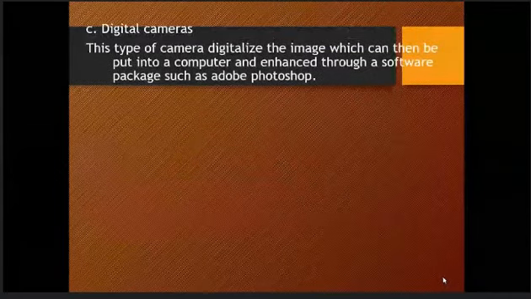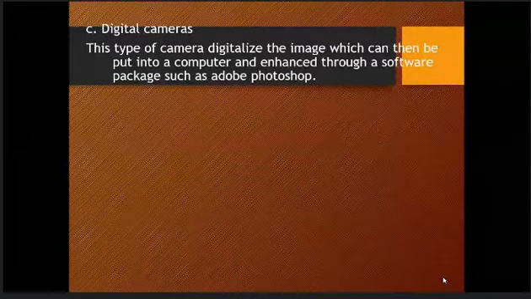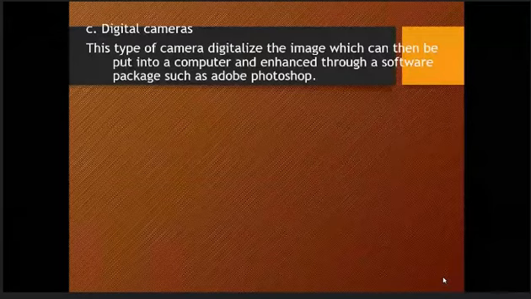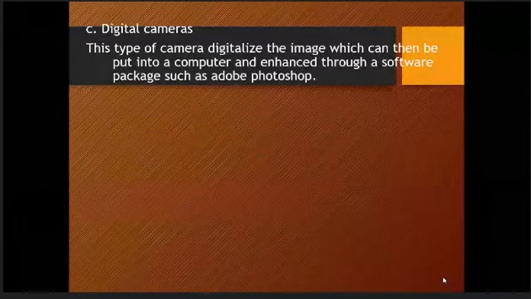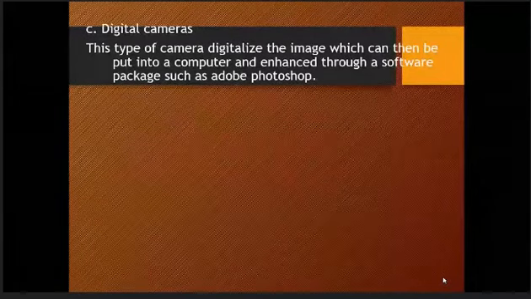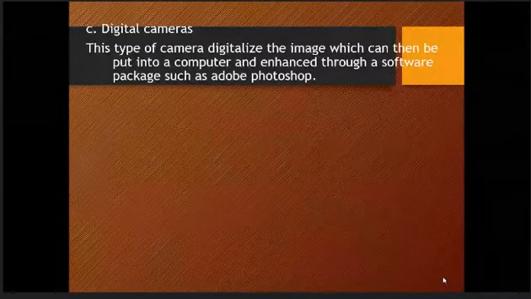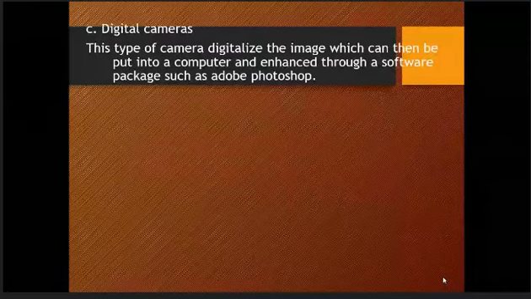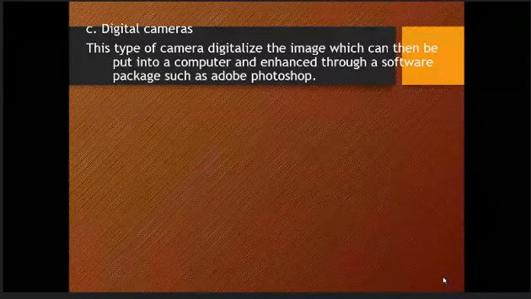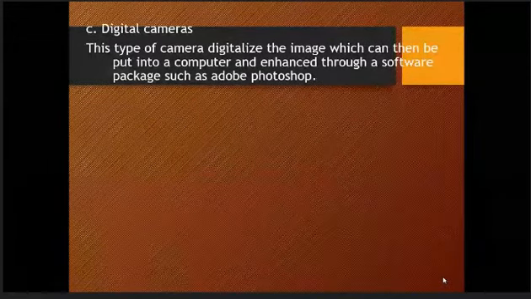Next is the digital camera, a type of camera that digitalizes the image, which can then be put in the computer. It is the most common type of camera today, wherein the photograph can be edited or viewed with the use of a computer or laptop.